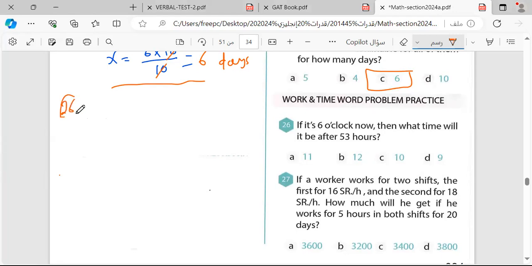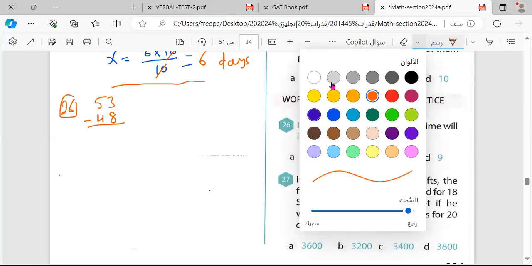Yeah, what will we do? 53, you subtract from 48. We want to find the remainder. Why 48? Every day equals what? 24, right? So we subtract 53 minus 48.